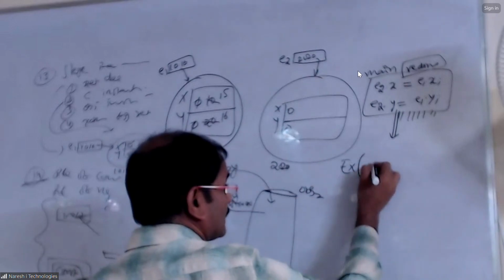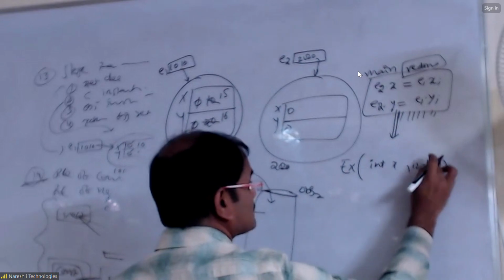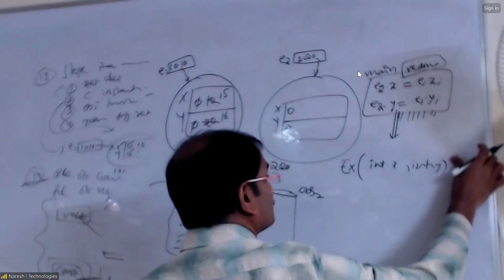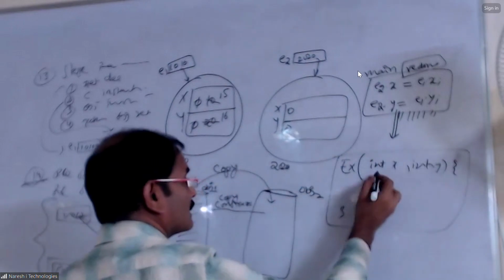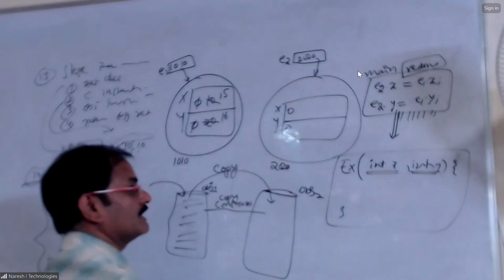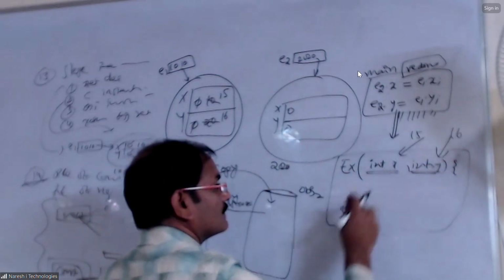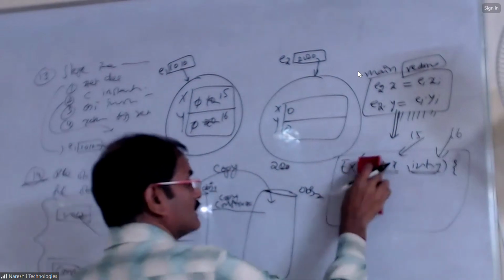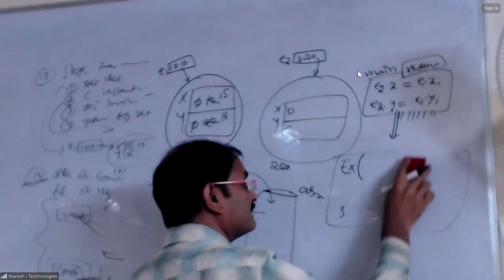If I write two parameters, int x, int y, what should I pass? 15 and 16? No. I don't want to pass 15, 16 individual values. What I want to copy is the data available in the object.